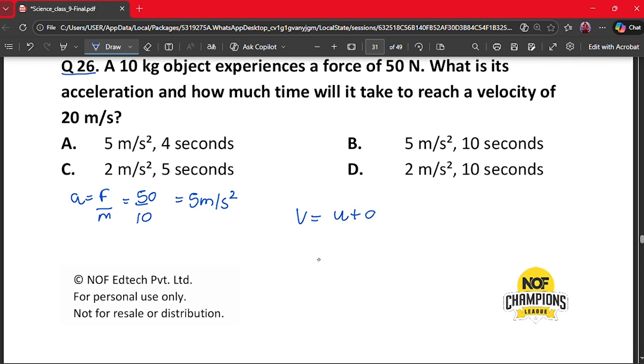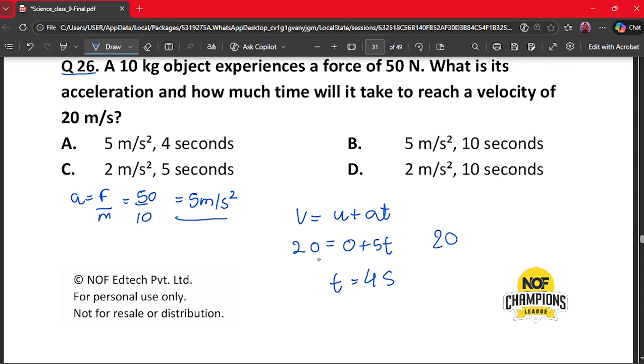And if we go for v = u + at, v is given, that is 20 meter per second, u is 0, and our time is not given. Acceleration we found out, so it's 5 and t. Now if we convert this, our t will be 4 seconds.